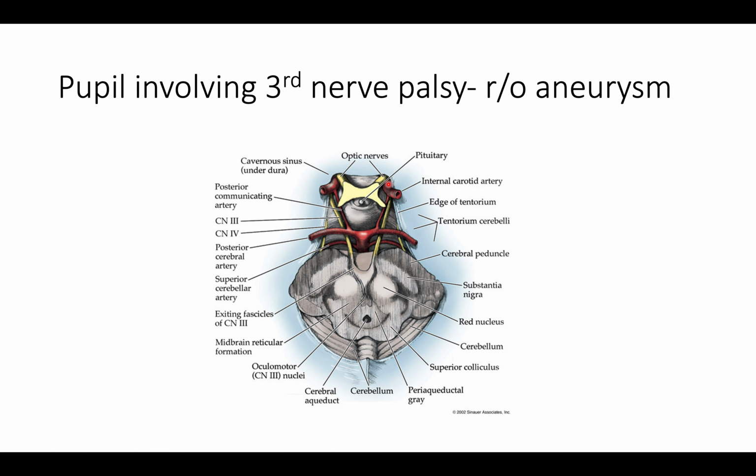So when you see a patient with third cranial nerve palsy and the pupil is involved, you have to really consider an aneurysm or a vascular or compressing lesion. However, if the pupil is spared, then you will think about something from the inside, for example ischemia caused by hypertension or diabetes.